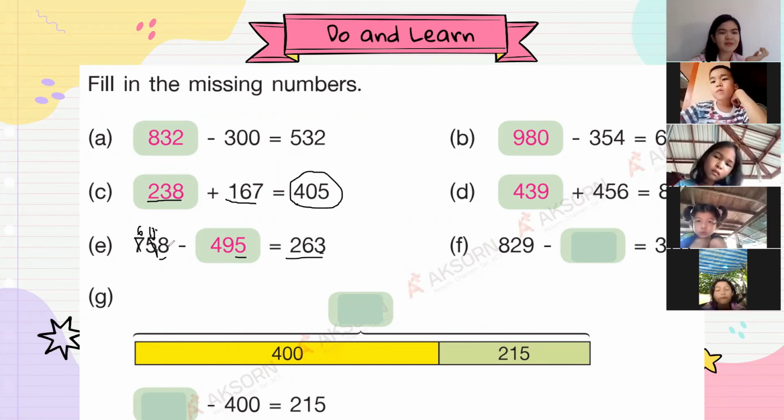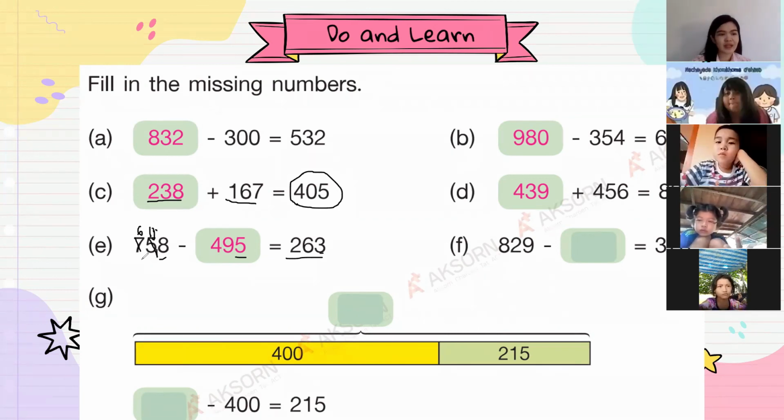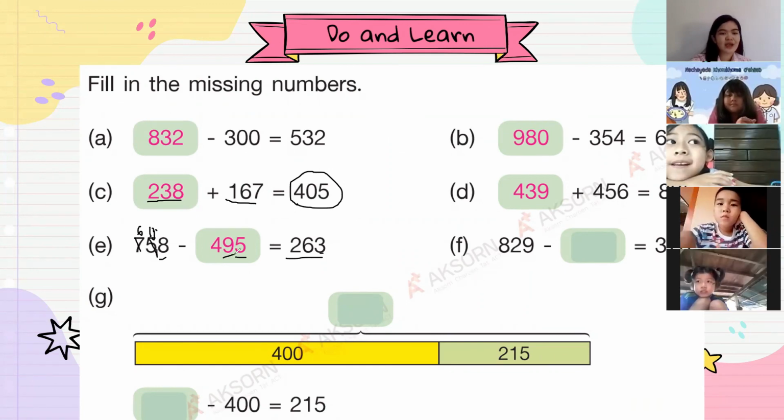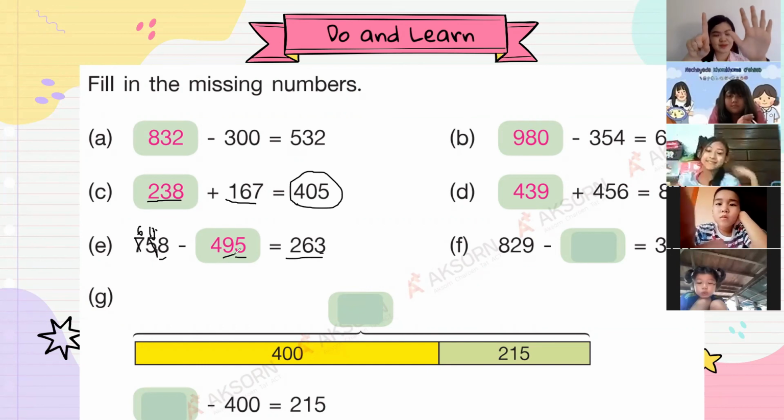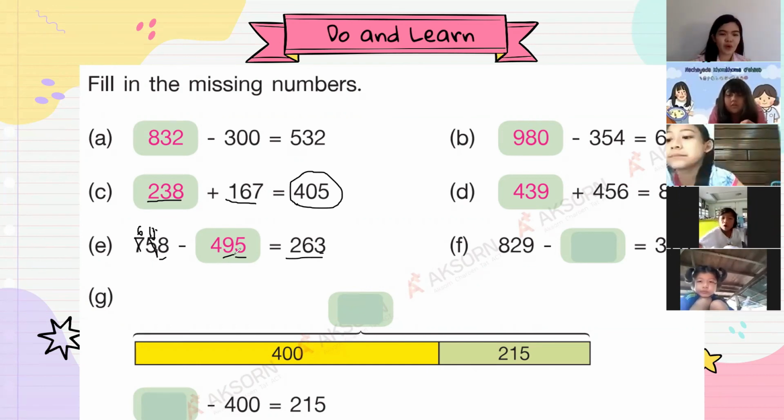So 15 minus 6, 9. And then 6 minus 2, 4. So the answer is 495. Okay?